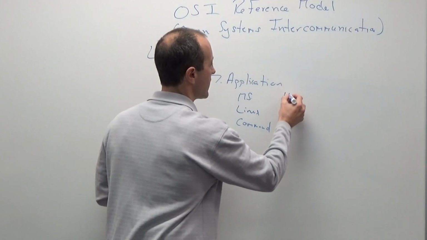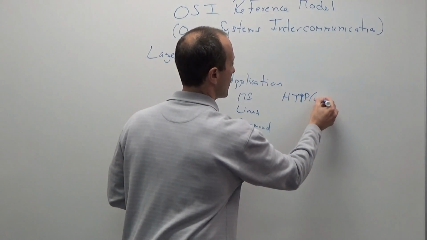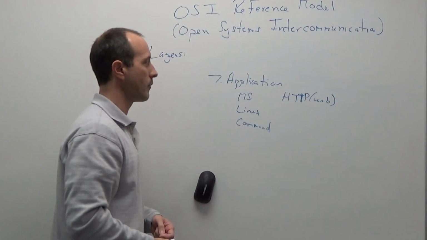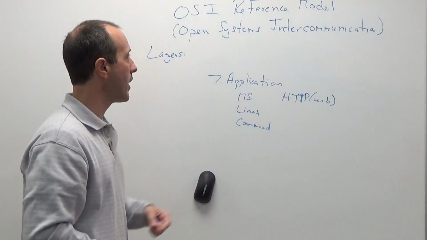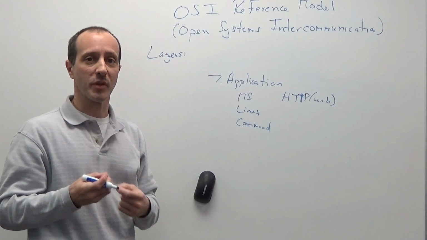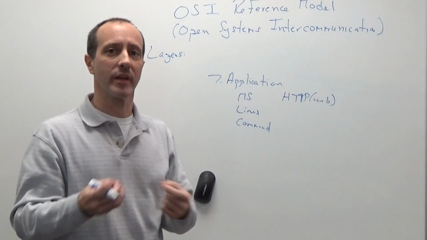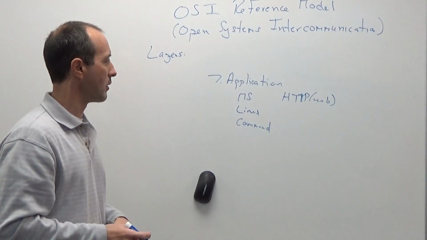Even HTTP, if you're on the web, if you're doing some web surfing. All of these things are applications on the top end of all of this, and that's how you're actually interfacing, or you're actually communicating with the device itself. And so that's really what you need to know here.